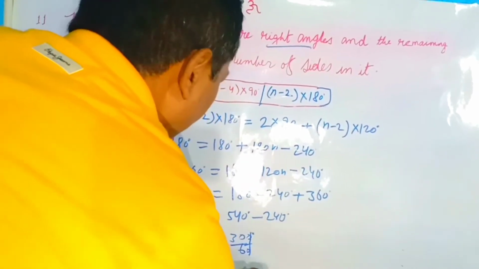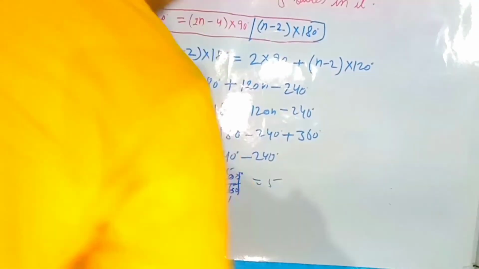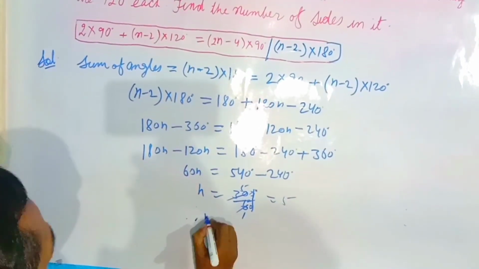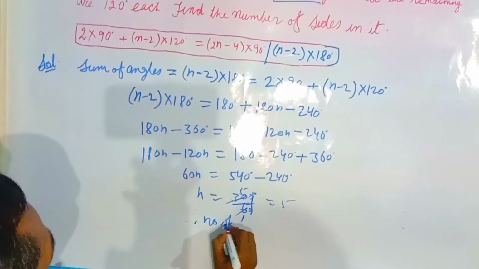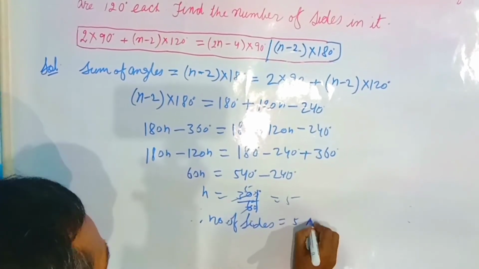Now cancel: 6 ones are 6, 6 fives are 30. So we got 5. Therefore the number of sides equals the answer 5.